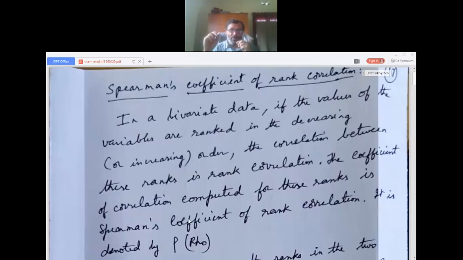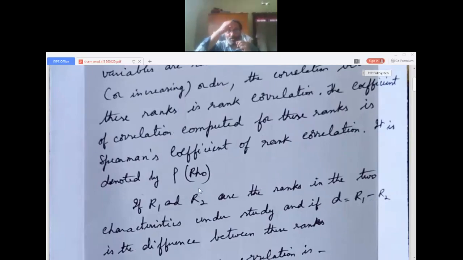The coefficient of correlation computed for these ranks is found by using Spearman's coefficient of rank correlation. It is denoted by rho.